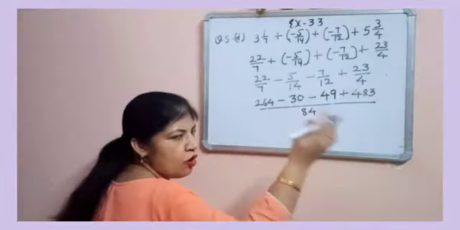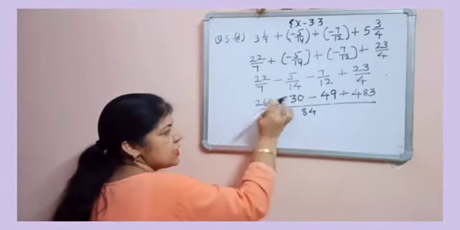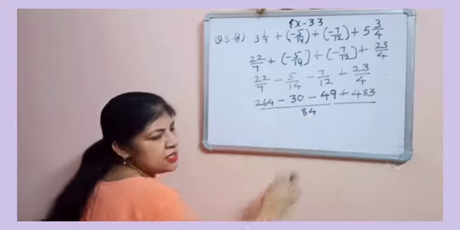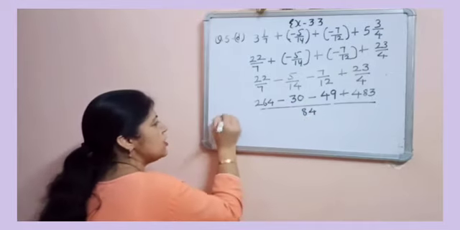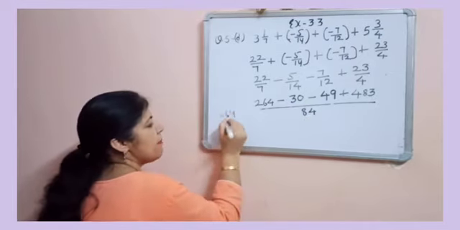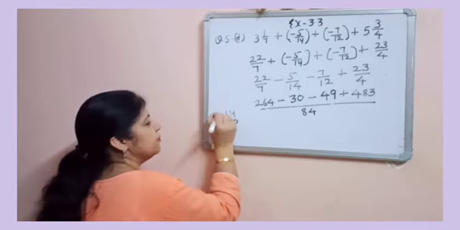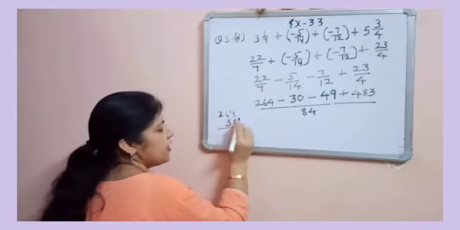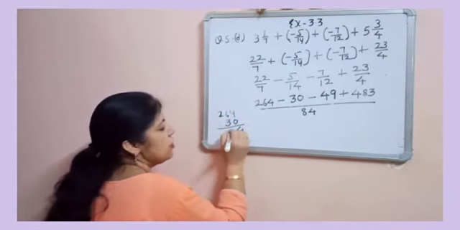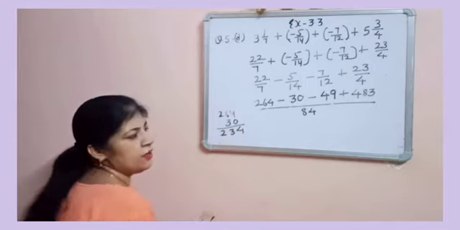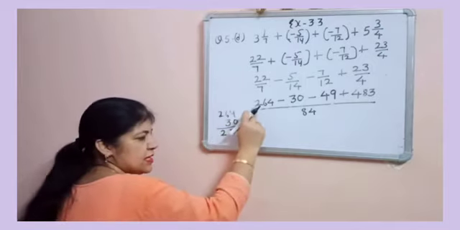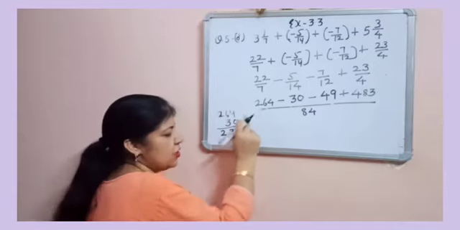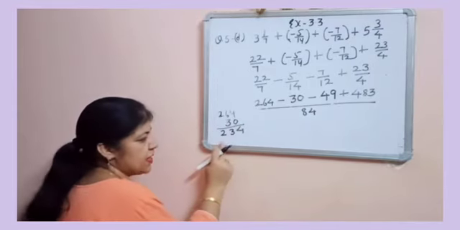So I am taking order wise. First 264 minus 30. What will you get? 234. Okay. And the greater number is plus. So the sign will be plus.